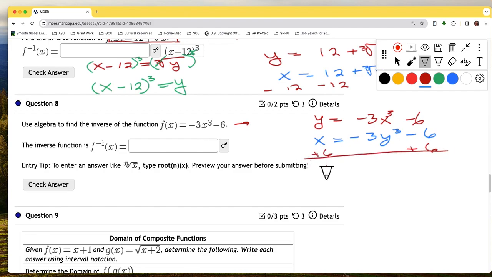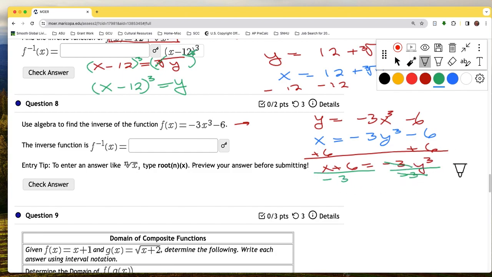We end up with x plus 6 equals negative 3 y cubed. Divide both sides by negative 3. So that cancels with that. Now you could bring the negative up here and make this negative x minus 6, or just leave it down here.